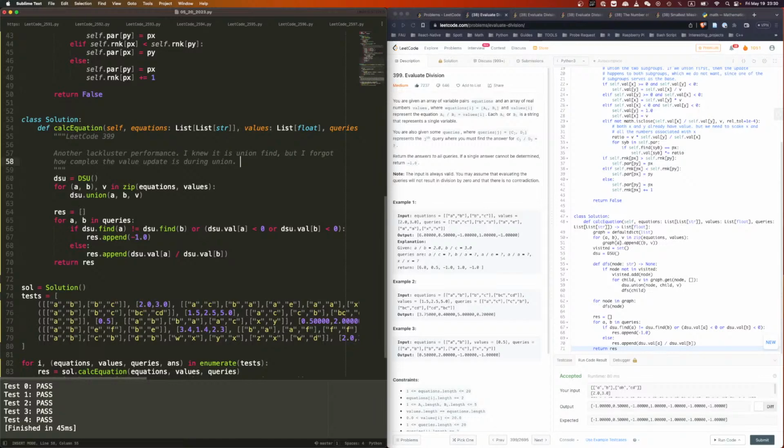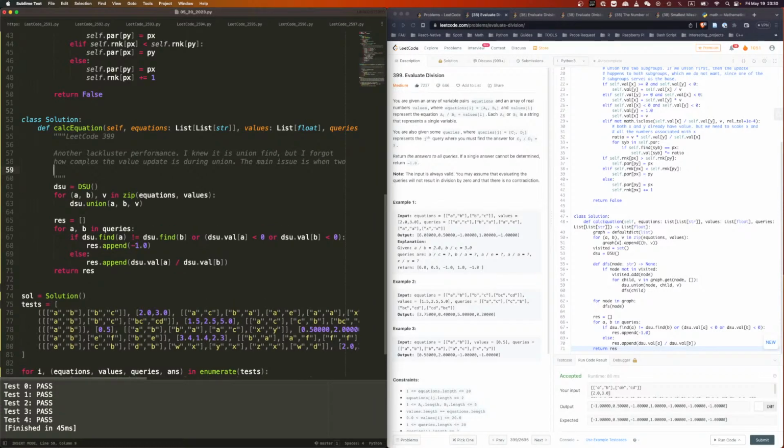Now the main issue is when two symbols have already been assigned values and they need to be unioned.